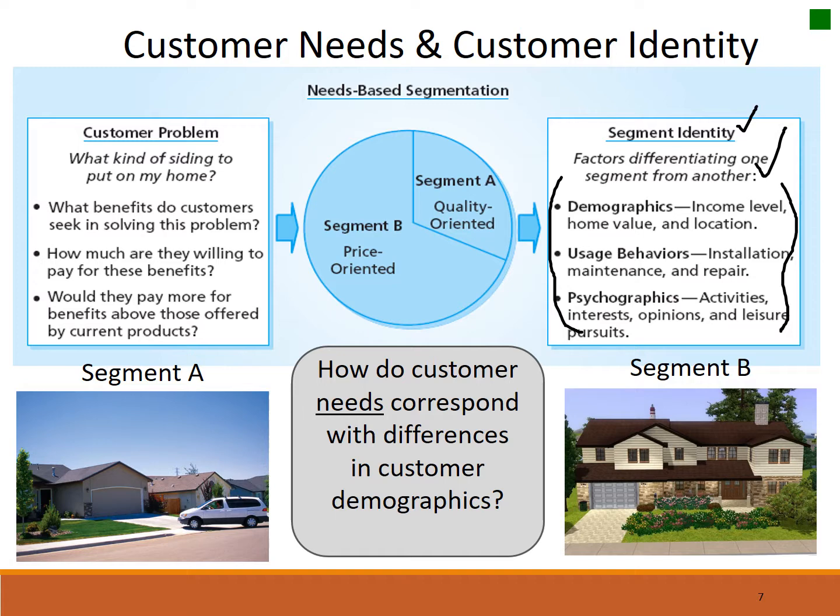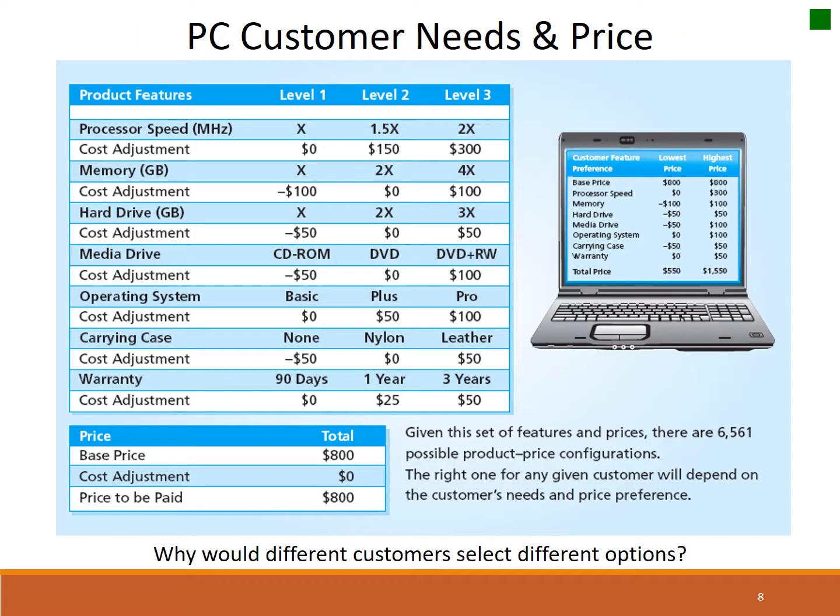Maybe you'd be focused on price. If you live in a very fancy neighborhood, the neighbors are going to look at your siding, and so quality may be more of a focus for you. But either way, we can take this need-based approach and identify what the customers are like based on that need.